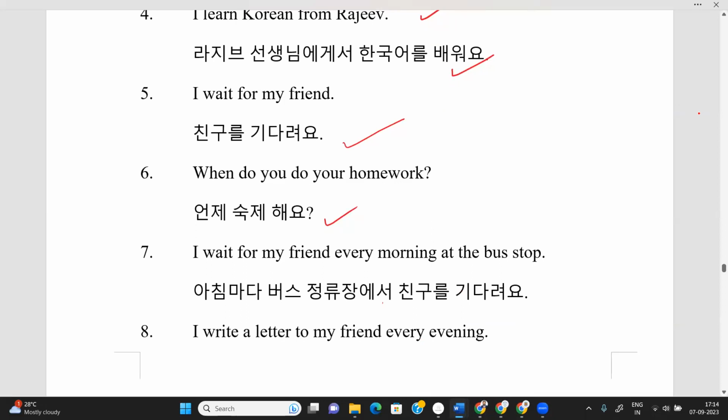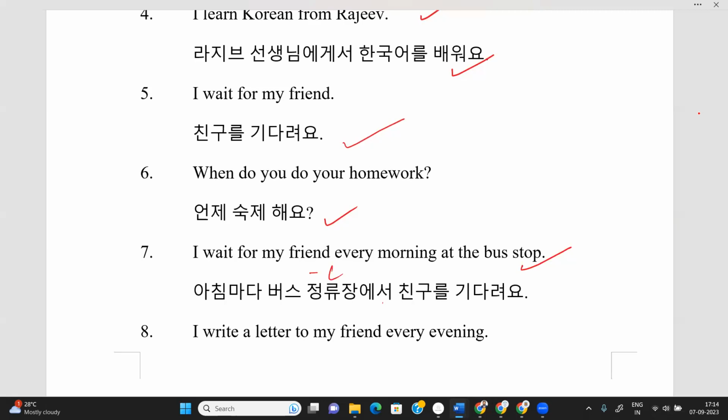I wait for my friend every morning at the bus stop. 아침마다 버스 정류장에서 친구를 기다려요. Here the pronunciation is changed.